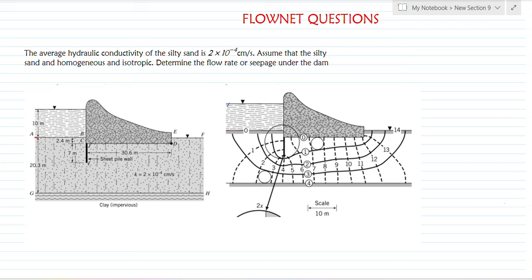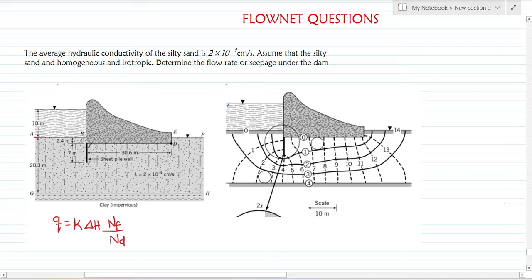First of all, how do we find the flow rate? The flow rate is given by the relation Q is equal to the hydraulic conductivity, multiplying the changing head, multiplying the number of flow channels divided by the number of drops, right?